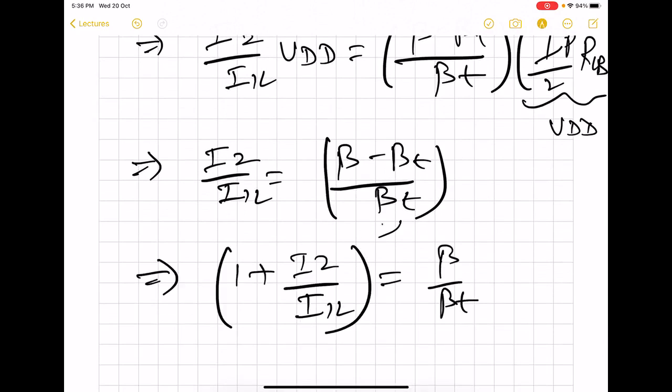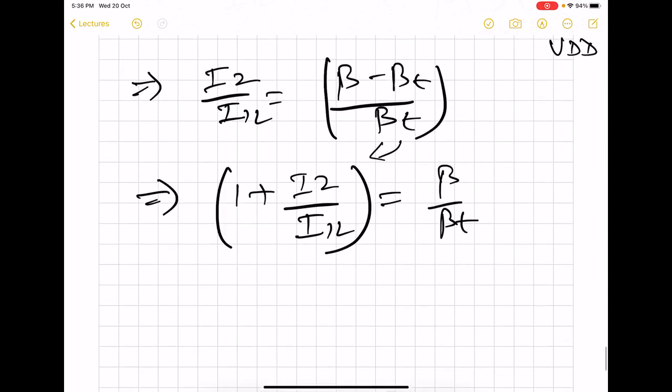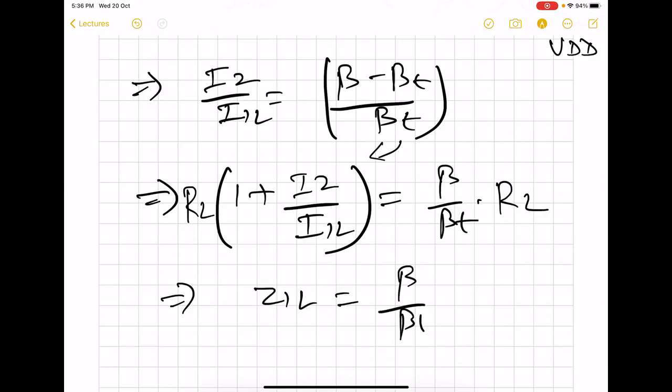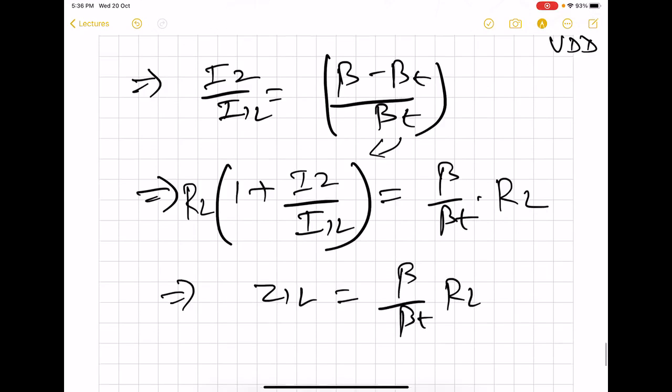So we have taken out 1 from the right side to the left side. Now we can multiply both sides by RL. So the left side becomes Z1L, and this is equal to beta by beta T RL.